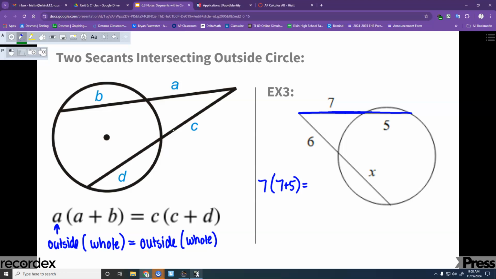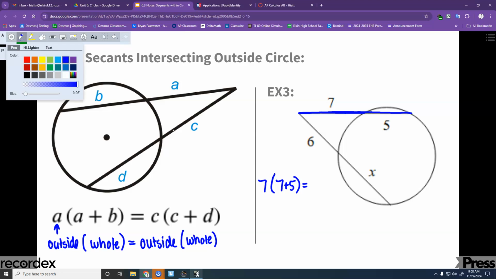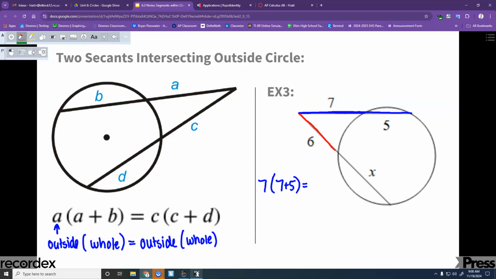On the other line, Angel, what's the outside part of this other line? All right, 6. And then what's the expression we'd use for the whole line? 6 plus x.